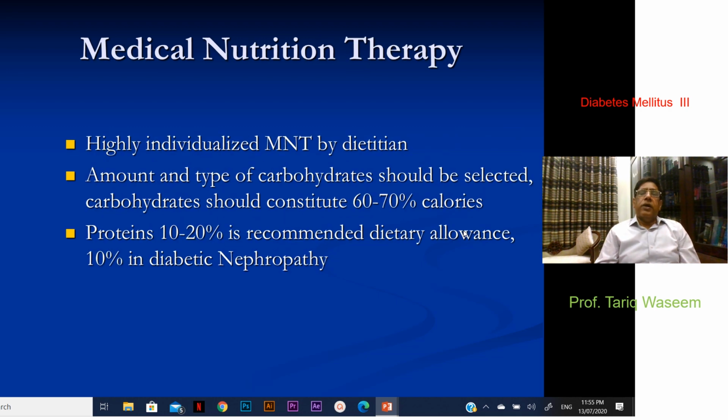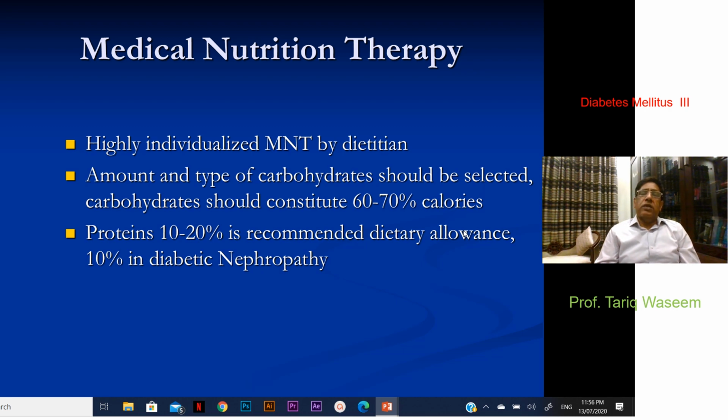The second component of diabetes management is medical nutrition therapy. What to eat, what not to eat, and it preferably has to be designed by a dietitian. The amount and type of carbohydrate which should be allowed to the patient should be selected.